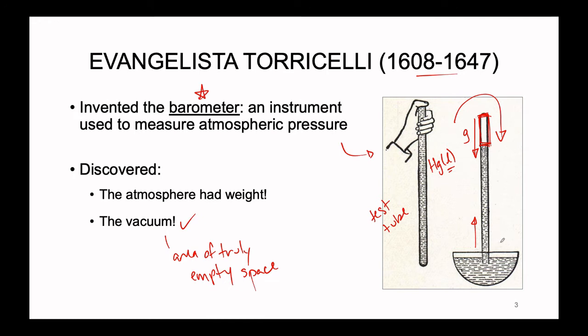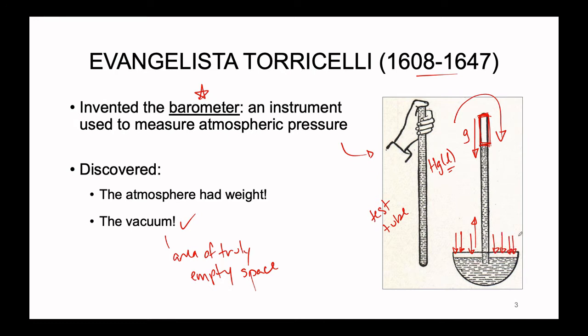You see, the atmosphere is made up of hundreds of thousands of millions of quadrillions of gaseous particles. And Evangelista lived in an era where they didn't actually know that, but his experiment provided some pretty strong evidence for it. You see, if the mercury is being pulled down by gravity, well, who's to say that all of these other invisible particles are not similarly being pulled down by gravity?